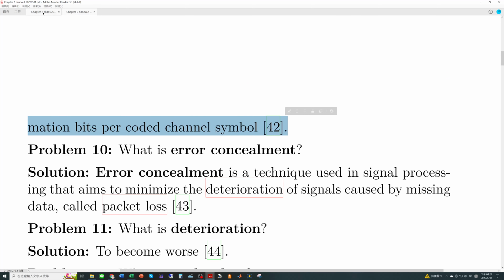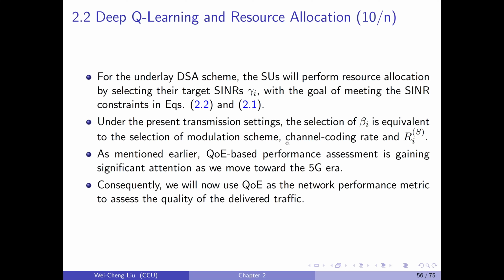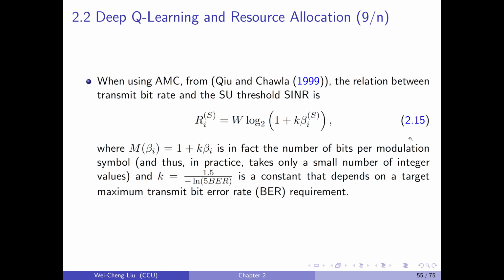Okay, so let us go back to the slides. Channel coding rate and RIS. What is RIS? Let us go back to the previous slide. RIS is the transmit bit rate.